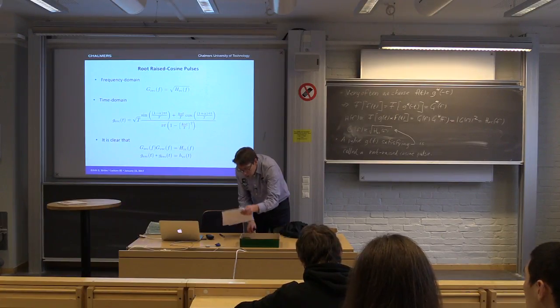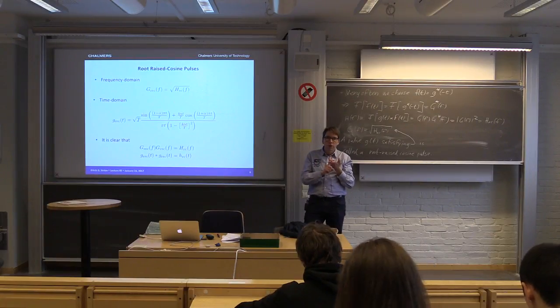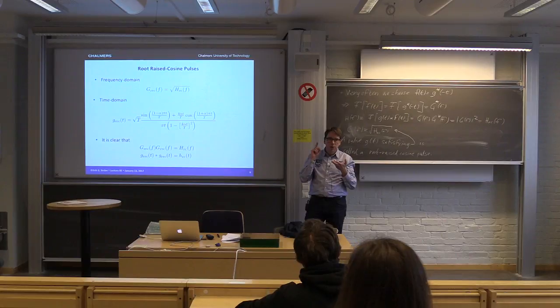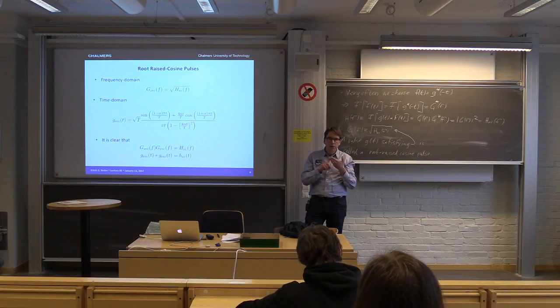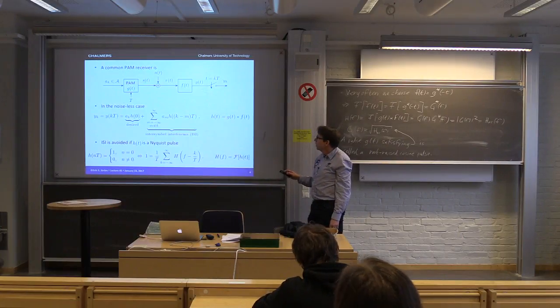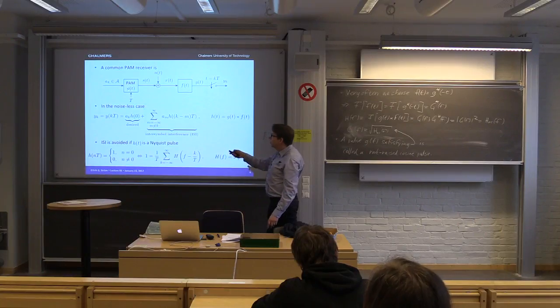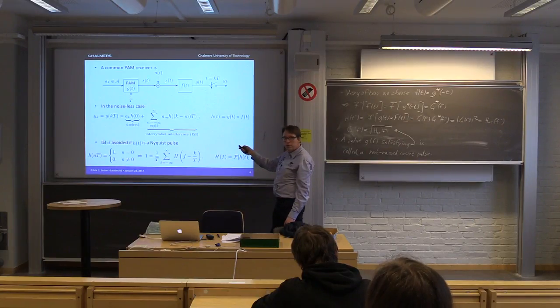Okay, so to recap now, if we want to avoid intersymbol interference, we want to fulfill the Nyquist criteria. The Nyquist criteria is phrased in terms of H, which is the convolution of the transmitter pulse and the receiver filter.